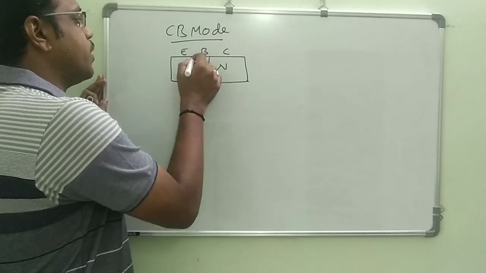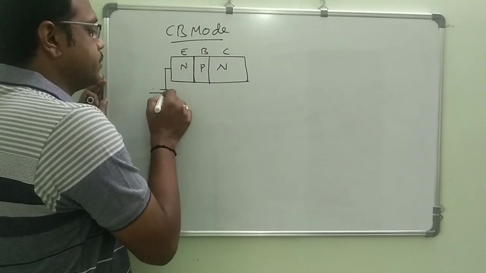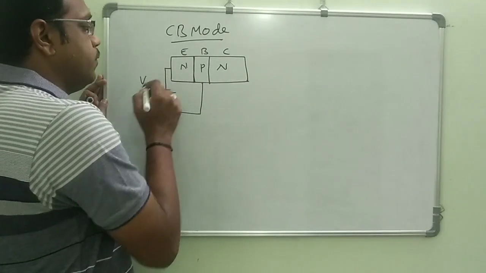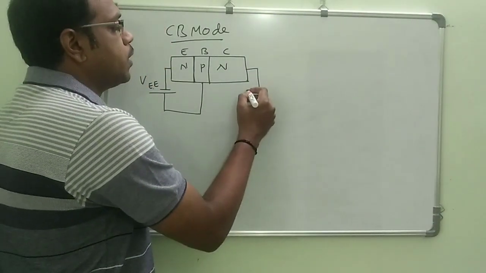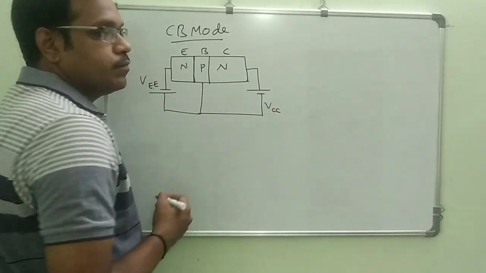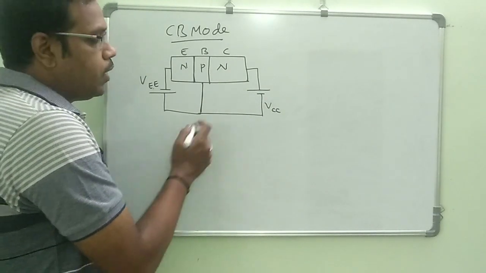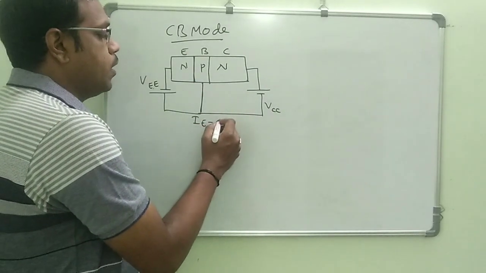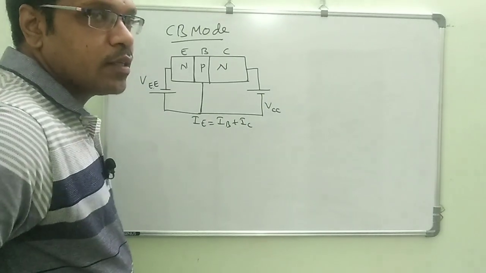As a rule, for the emitter-base junction we need to keep forward bias, so this is VEE, which we call the input, and this one we need to keep in reverse bias, and this is VCC. This is common base mode because the base is common. And in this also Kirchhoff's law applies, already covered: IE is equal to IB plus IC.